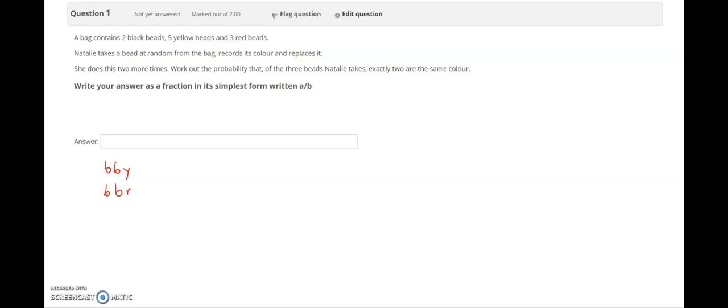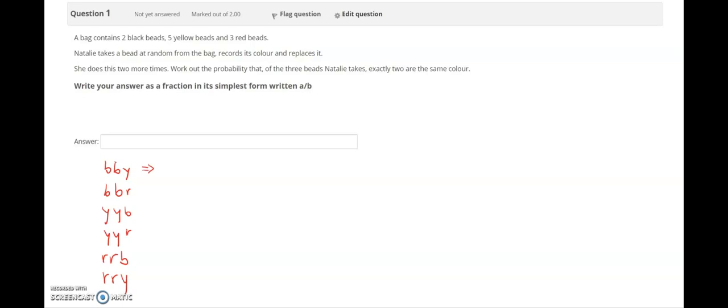And we have yellow, yellow, black, or yellow, yellow, red, or red, red, black, red, red, yellow.